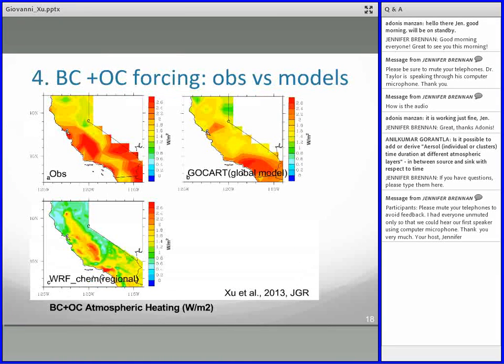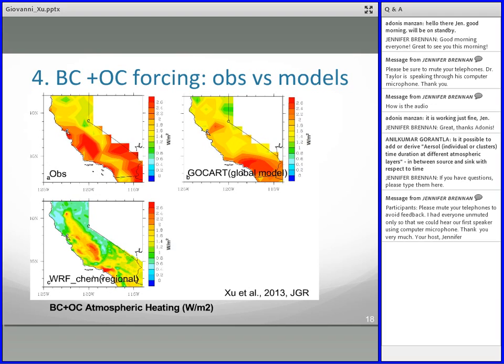Yeah, so for example here, everything here is radiative forcing in the unit of watts per meter square. And globally, it's estimated the global mean average of black carbon radiative forcing is about 1 watt per meter square. As a comparison, the current CO2 forcing is about 1.7.